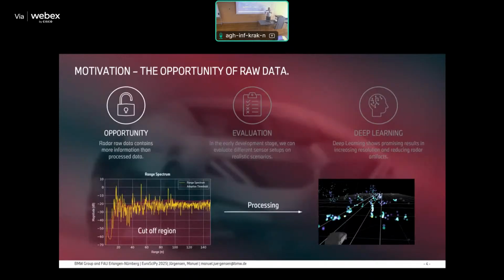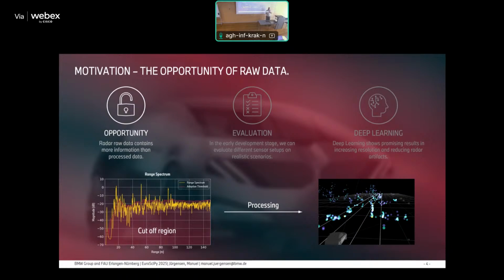So let's start with some signal processing basics. What essentially happens in a radar sensor is that on the left side we have a spectrum, which is essentially electromagnetic waves which we can measure. From that spectrum, we perform a thresholding, and everything above a certain threshold is counted as a target, and everything below isn't. That comes with the problem that we may not see a target which is there, because we cut it off.